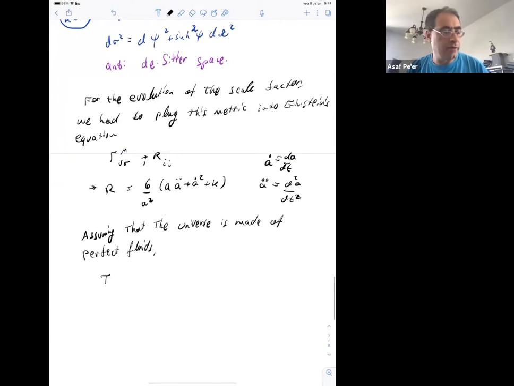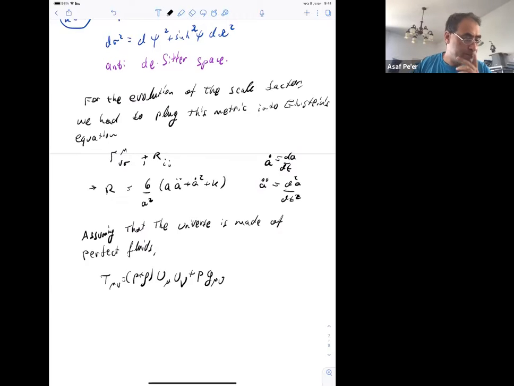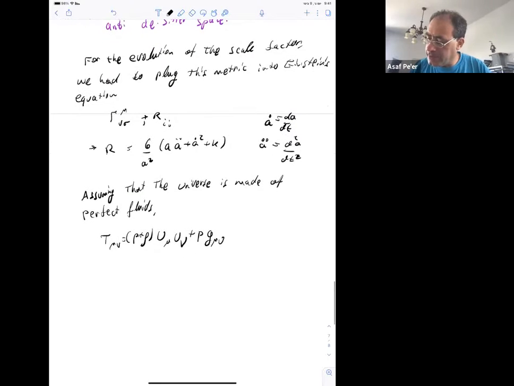T_mu nu is just (P plus rho) u_mu u_nu plus P g_mu nu. And because it's perfect, there is no preferred direction. It's also isotropic, right? And then we ended up with the trace T, which is just minus rho plus 3P.